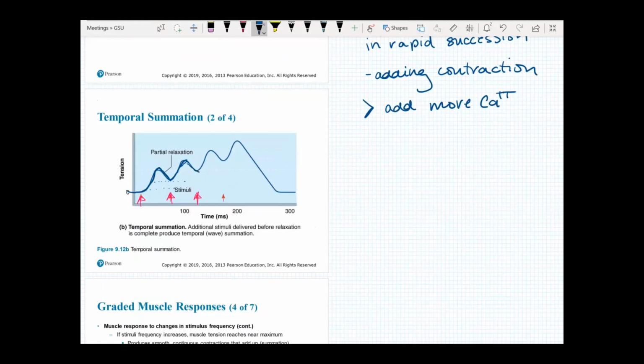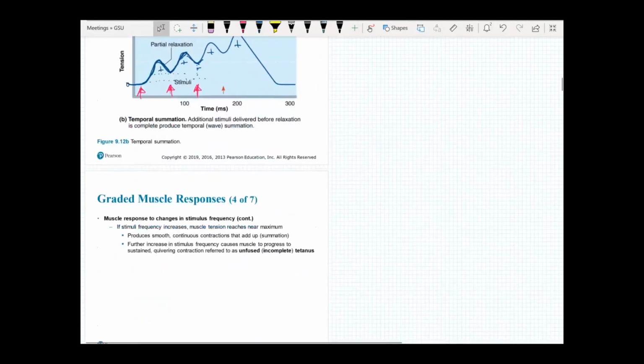And again, we have not come down to our normal yet. So there's still space. We have not hit our baseline. And this one can add to this one, add to this one, and add to this one. So you're summating the effects before it completely relaxes. So when this is happening, you're going to cause additional lengthening.